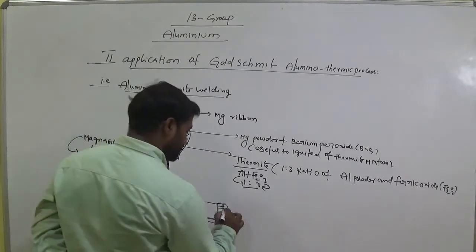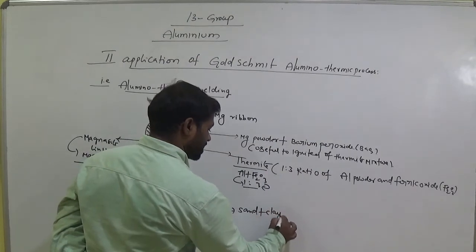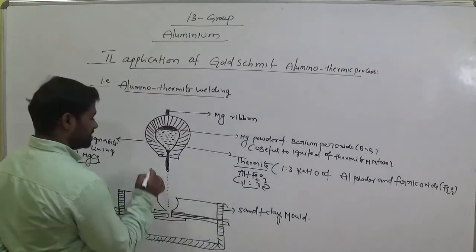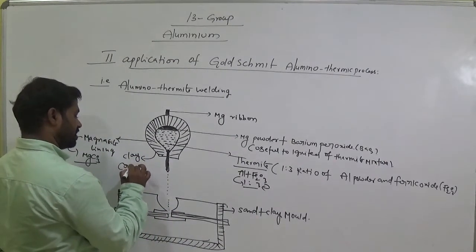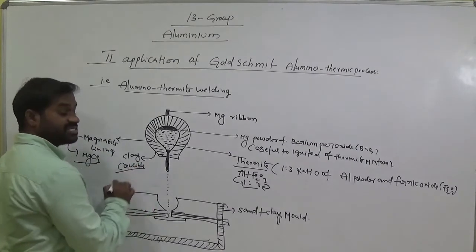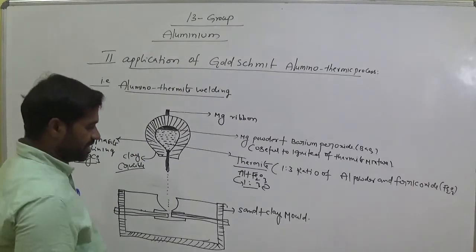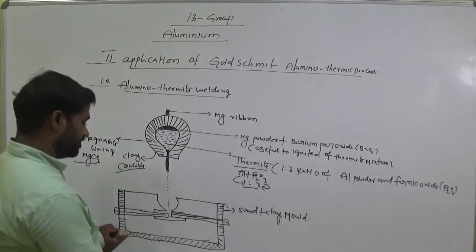Okay, this is the sand and clay mold. This is the clay crucible. Crucible means simply a jar made of clay, and this is also a chamber made with sand and clay in a mold shape.